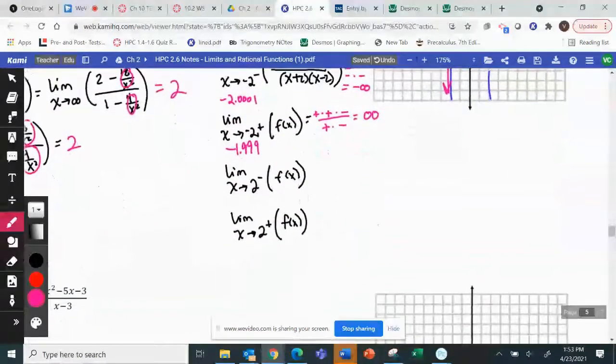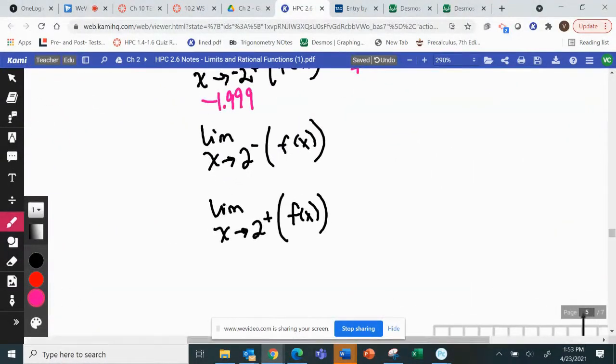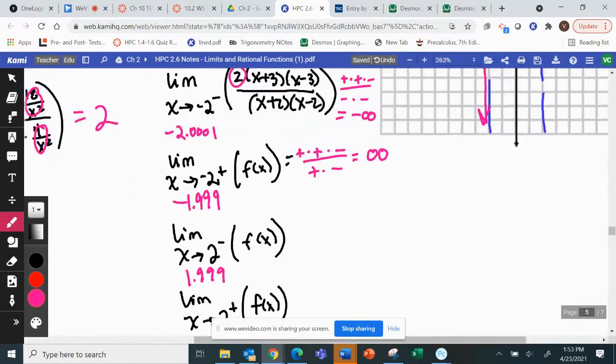So then we have to check 2. So on the left of 2, how about just 1.999? I will have a positive number multiplied by a negative number, divided by a positive number multiplied by a negative number. So that's going to be positive infinity.